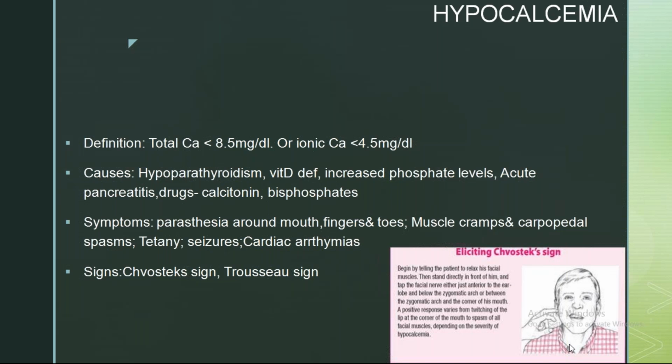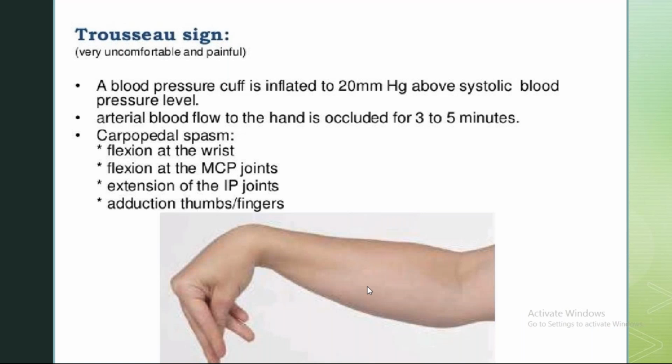You stand in front of him and tap your finger anterior to the earlobe, below the zygomatic arch or below the tragus. This is the region where the facial nerve exits the stylomastoid foramen. The positive response includes twitching of the lip at the corner of the mouth, and spasm of all facial muscles depending upon the severity of the hypocalcemia. This is the Chvostek sign.